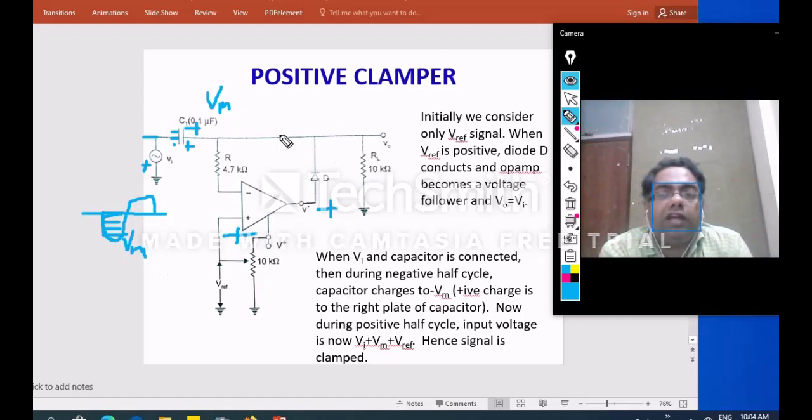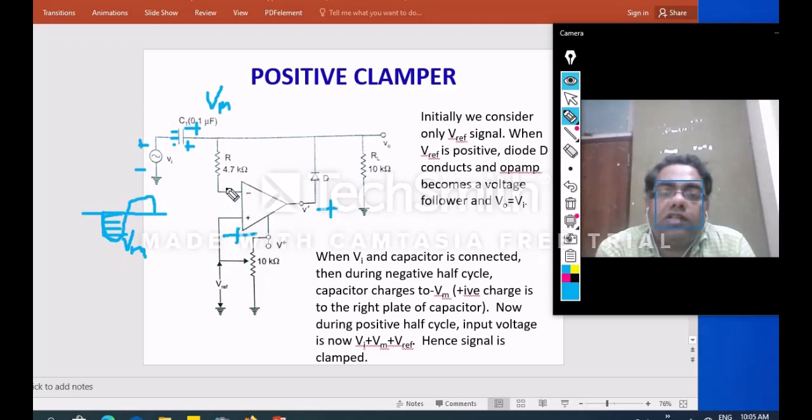Now when the input signal is positive, during the positive half cycle of the AC input signal, this is positive, this is negative, then what happens is this charge on the capacitor, which is Vm, adds with the input AC signal and is also added with the V reference voltage, because here is V reference.